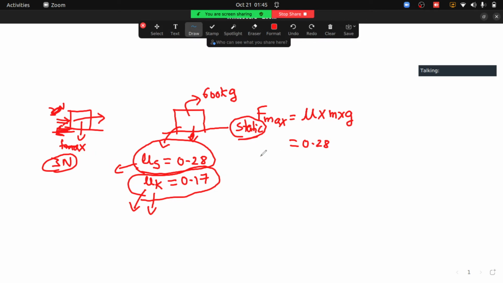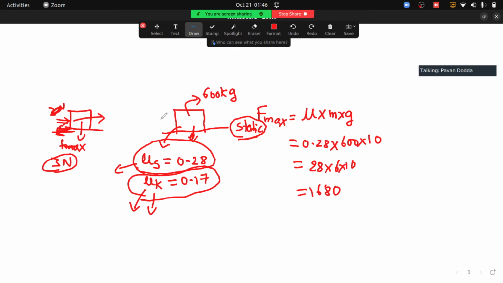So tell me, what's the maximum static frictional force? It's mu times mass, 600 times 10. It's 0.28 times 600 times 10, which is 28 times 6 times 10, which gives 1680.